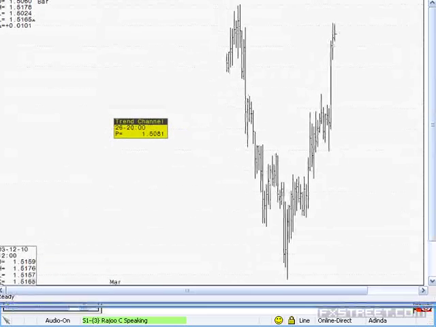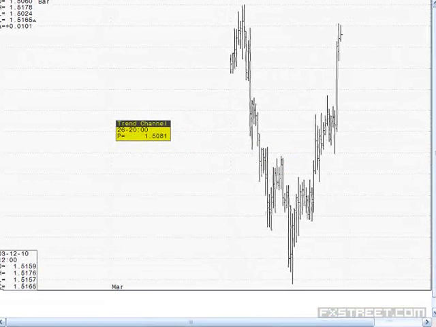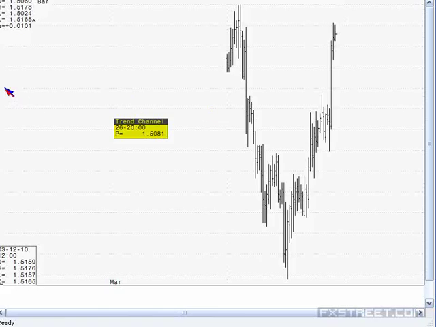Okay. So this is pound USD. I showed you the earlier chart.